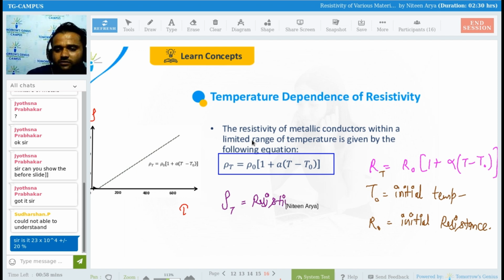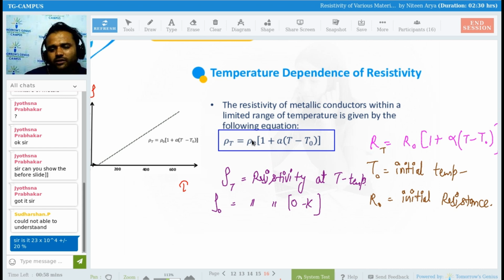Resistivity at temperature T. Then this is resistivity at zero temperature, or you can say initial temperature, but 0 Kelvin in general we say that. And then T naught is the initial temperature or 0 Kelvin, and T is temperature, as simple as that. So this is your relation, and in this way for ohmic resistance.